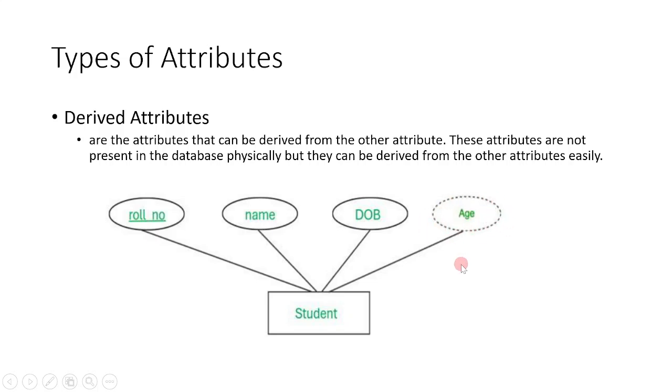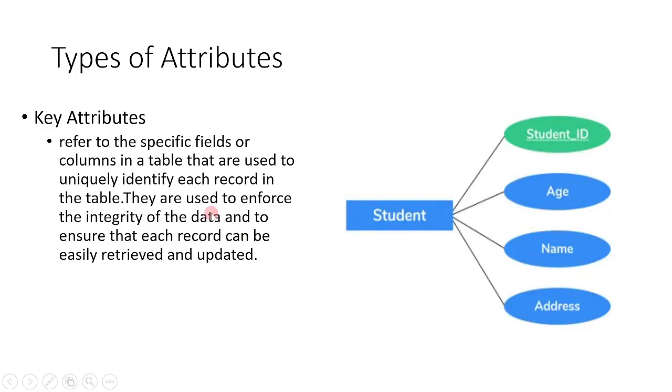Okay? Oval. Okay? Then we have the key attributes, which refer to specific fields or columns in a table that are used to uniquely identify each record in the database. Uniquely identify, meaning those are our primary keys. Okay, these are used to enforce the integrity of the data and to ensure that each record can be easily retrieved and updated.